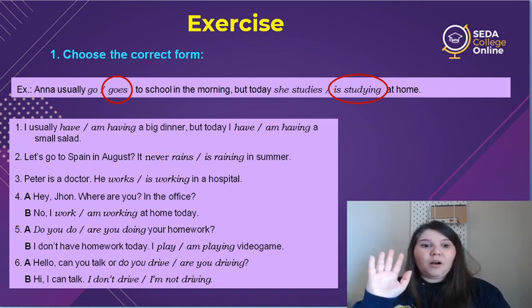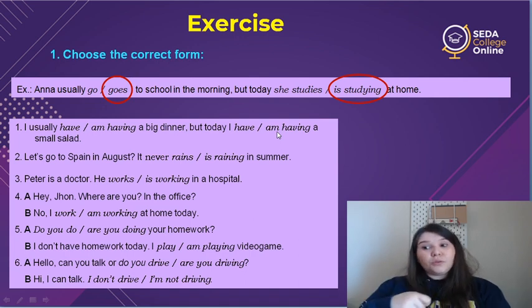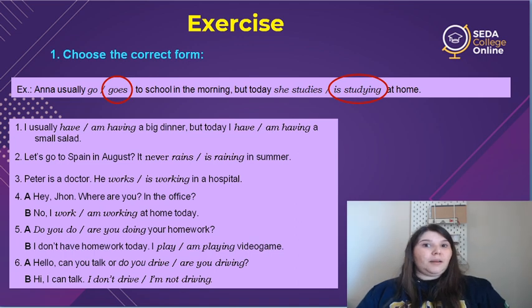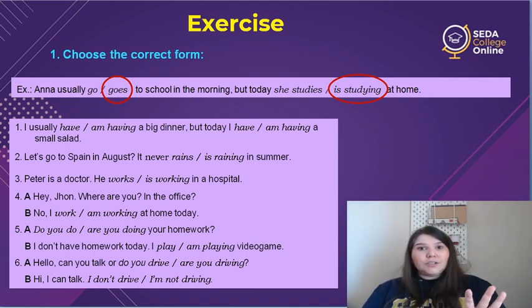Okay? Now we have here 6 sentences from 1 to 6. I want you to choose the best verb. So we always have 2 options here, okay? And I want you to choose, write down your answer, and on the next slides we're gonna check them. All right? So I'm gonna give you a few minutes. Complete the exercise and write down your answers.